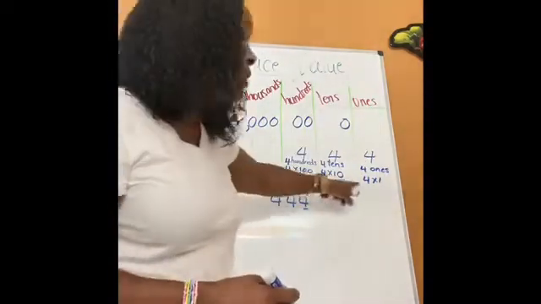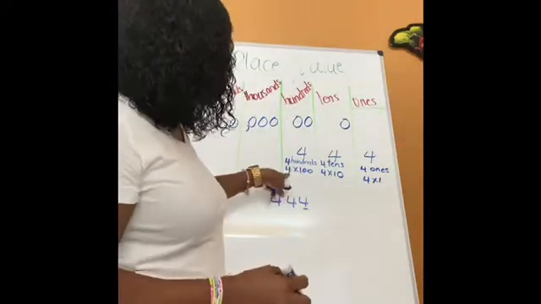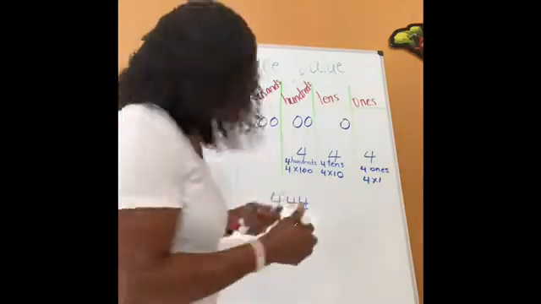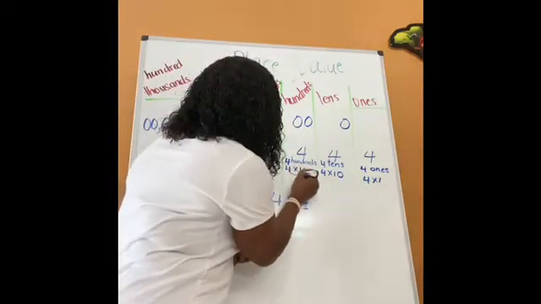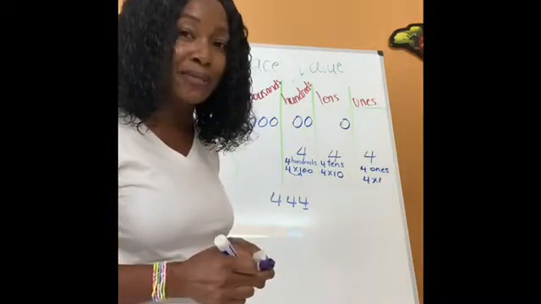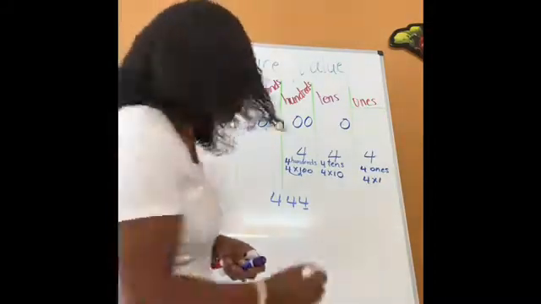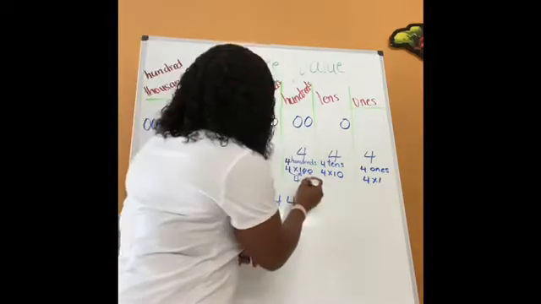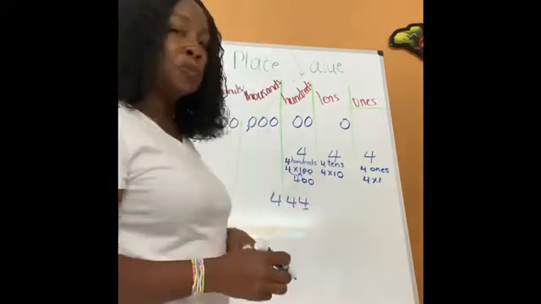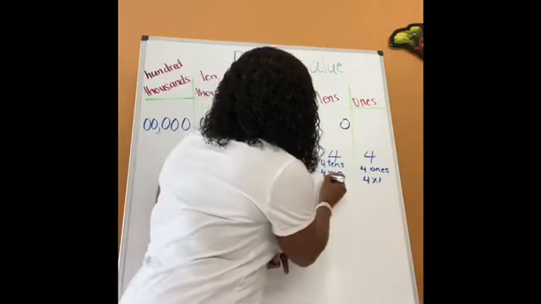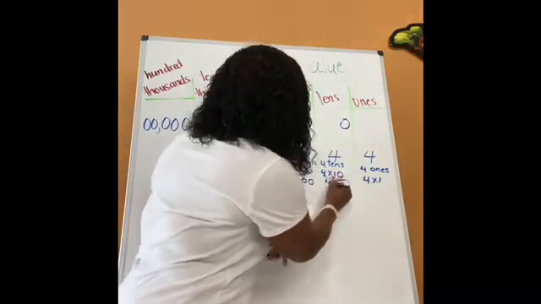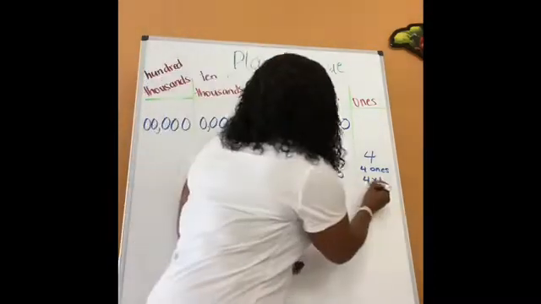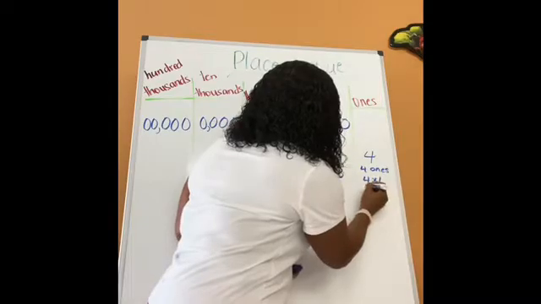Now I could go further and break them down. So if this is 4 hundreds, how do I write that? To make it easy for me, I do this. 4 times 1. So a little bit of timetable. 4 ones, 4. And then I add my 2 zeros. 0, 0. Then 4 times 1 again is 4. Only 1 zero. So I write that down. 4 times 1 again is 4.